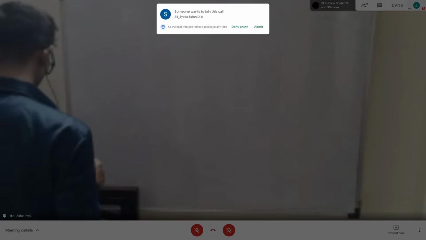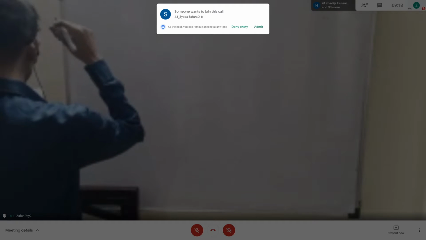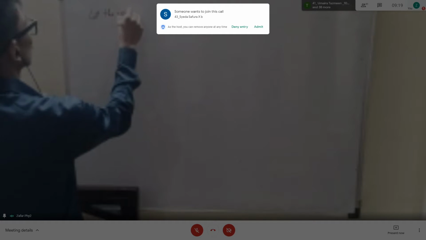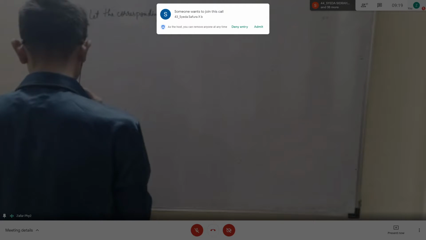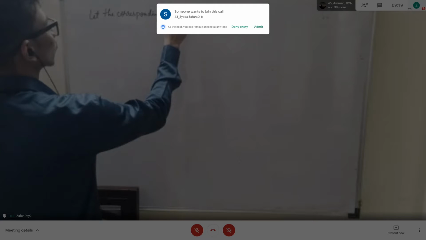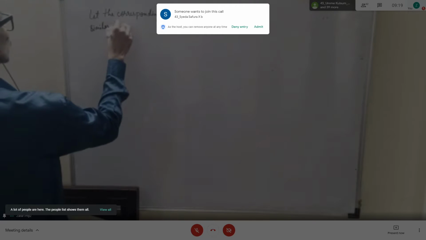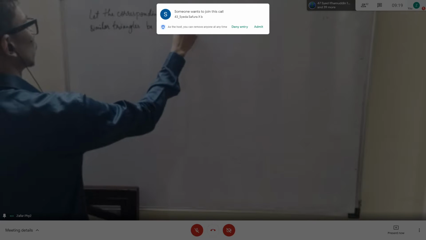The ratio of the corresponding sides of the similar triangles is 3:5. Find the ratio of their areas. Okay, so we have been given the ratio as 3:5. So let the corresponding sides be B1 and B2.